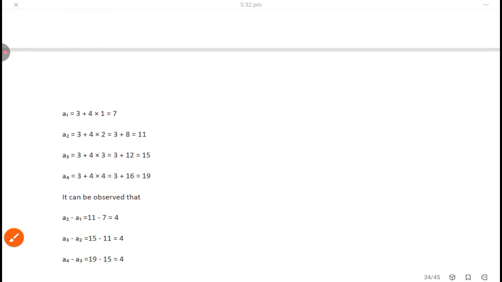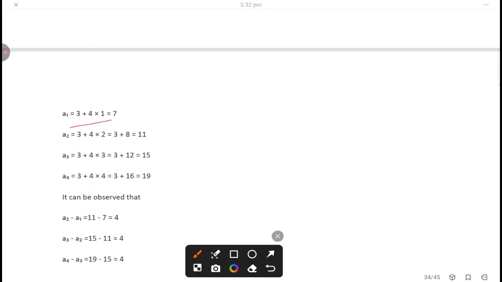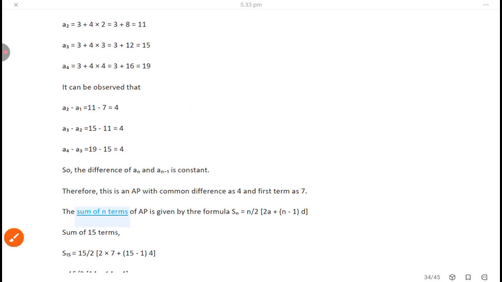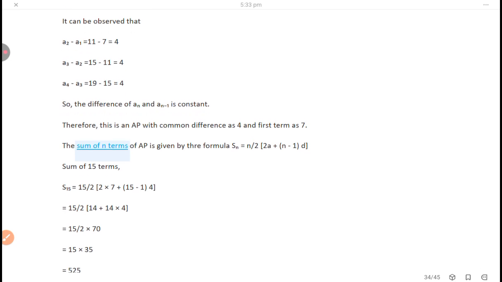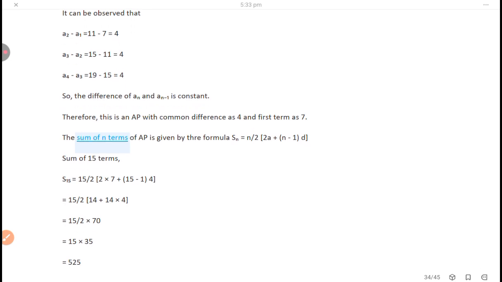So put the value of n equal to 1, you will get a1. Then n equal to 2, you get a2, a3, a4. So the common difference is 4. The difference of 4 is constant. Therefore they form an AP, with common difference 4 and first term 7.